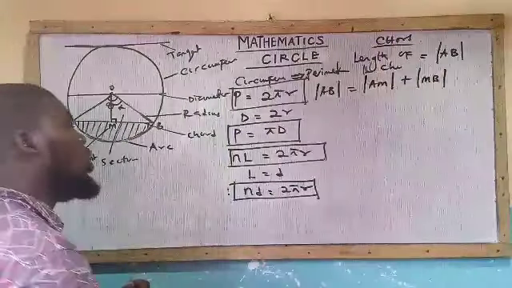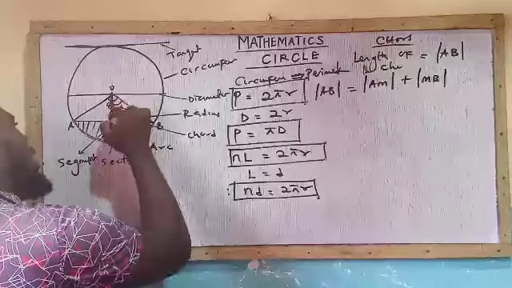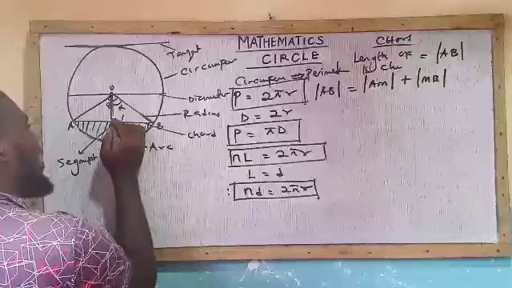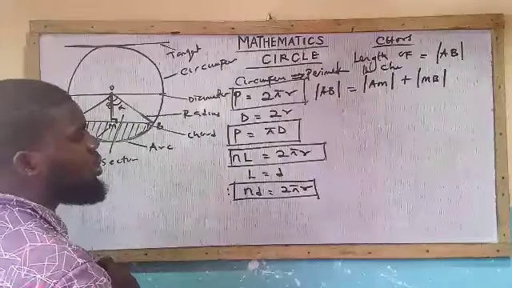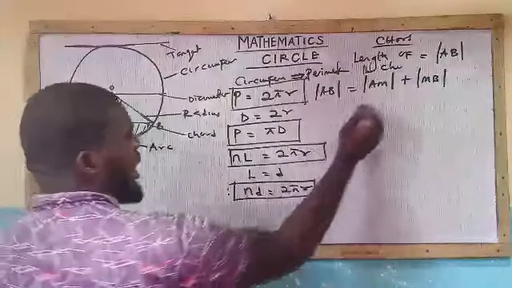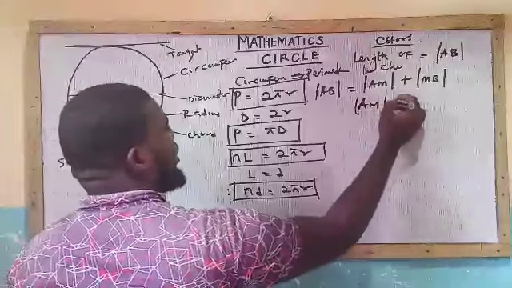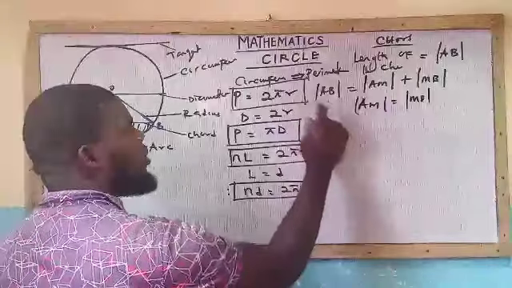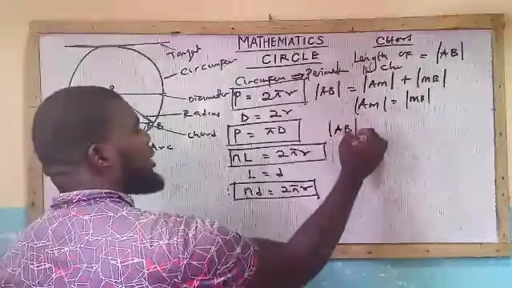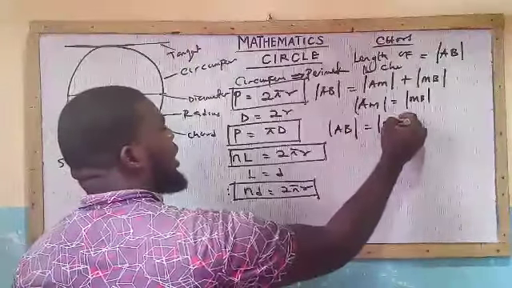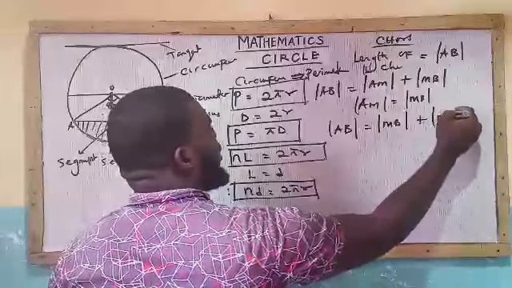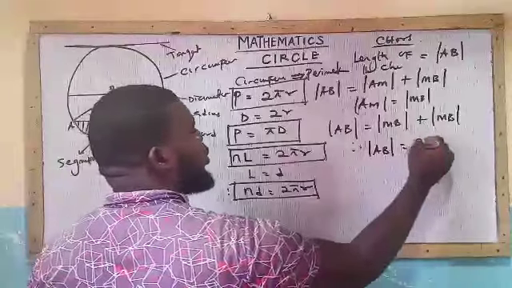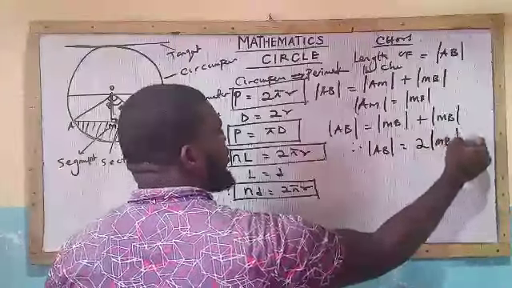Simply because this particular line is dividing length AB into two equal parts at right angle, we can say that length AM is also equal to length MB. Therefore, my formula can turn to length AB equals length MB plus length MB. Therefore, length AB will be equal to 2 length MB.